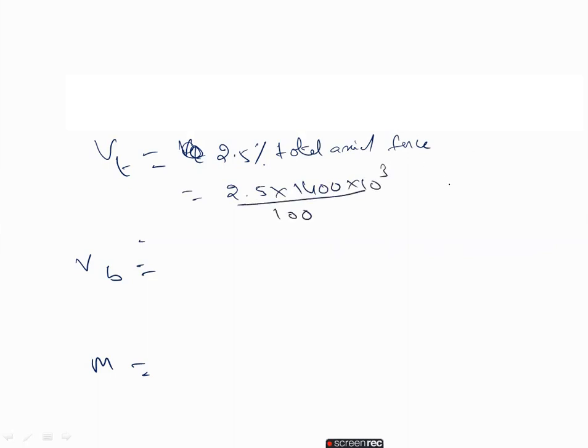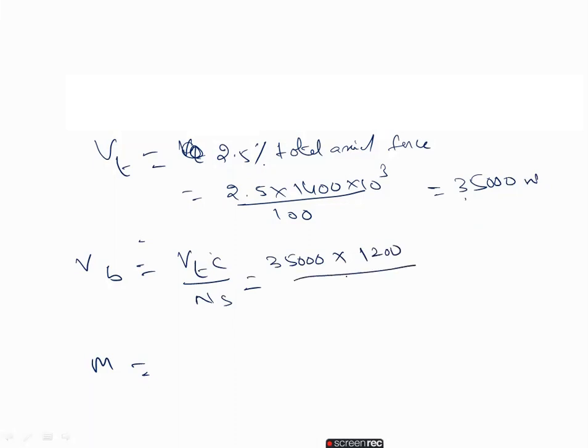You will get the answer as 35,000 newtons. What about VB? VB is nothing but VT into C by N into S. VT we just calculated, 35,000, and C is 1200, which we have taken. N is the number of parallel planes; here only two parallel planes are there, that is why we are taking two. And S is the distance between centers of the channels, that is 340, which we calculated already.